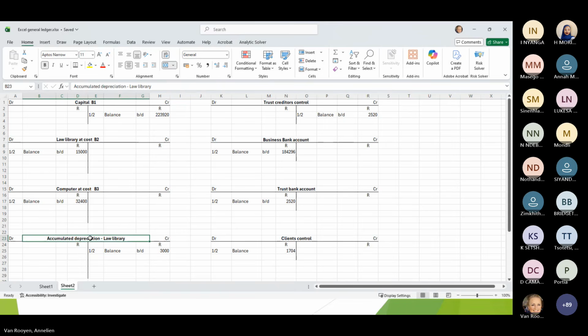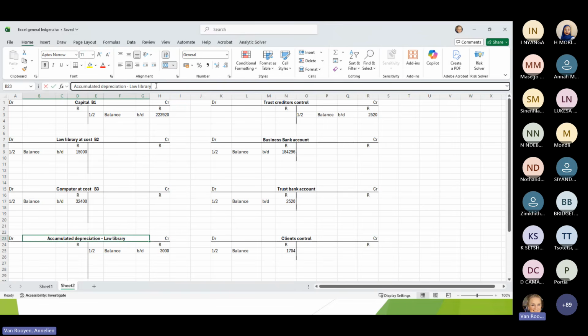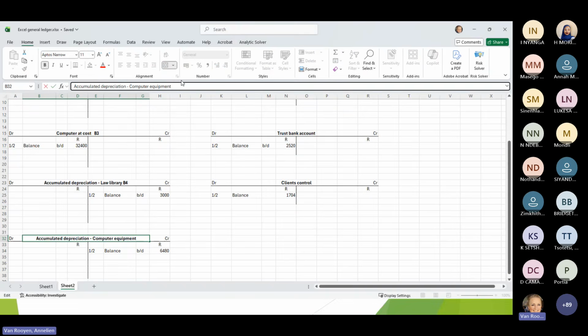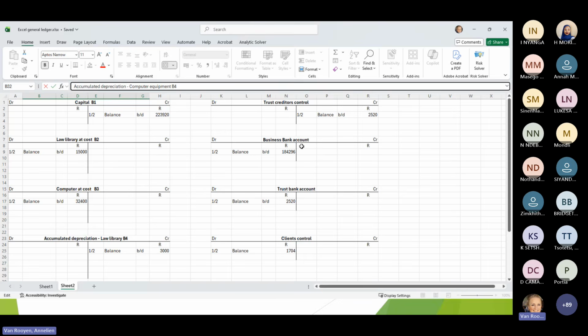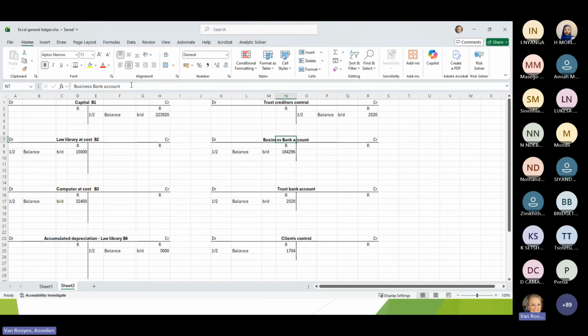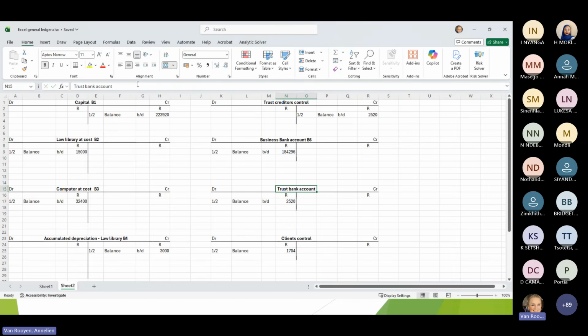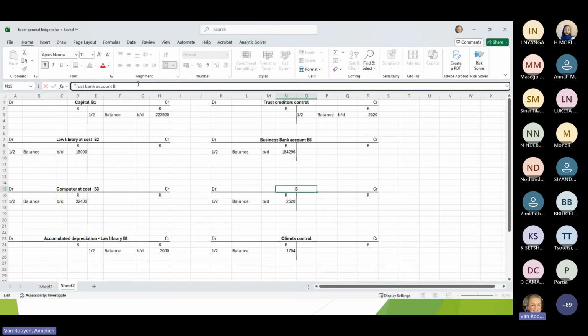Accumulated law library B4, and this one will be B5. Business bank, I see, is B6. I'm just using the same numbers as what we had in the study material so that I don't confuse you.